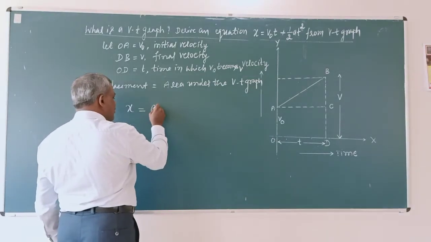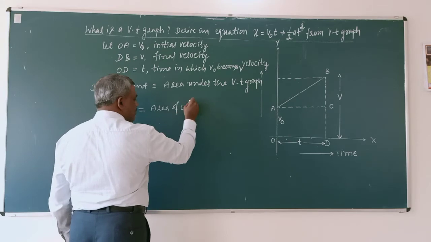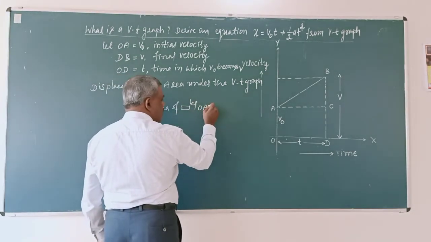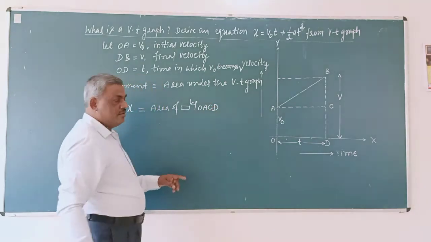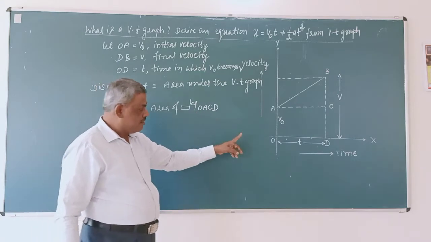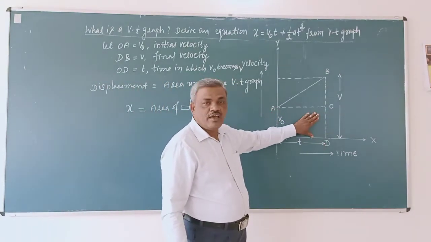The area of the rectangle is O, A, C, D. This is the rectangle.